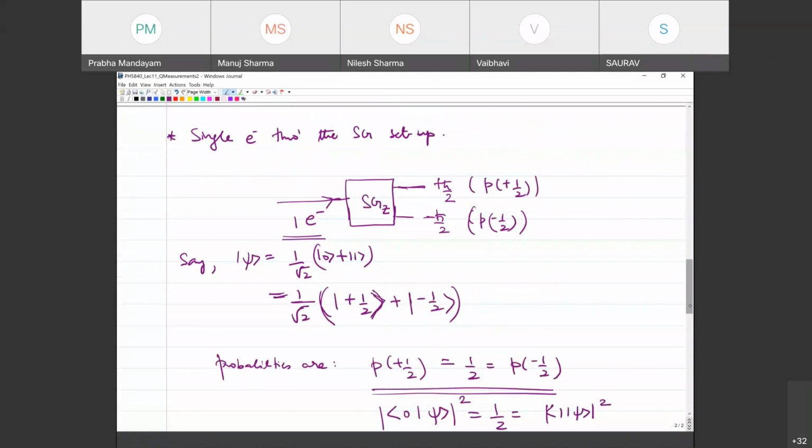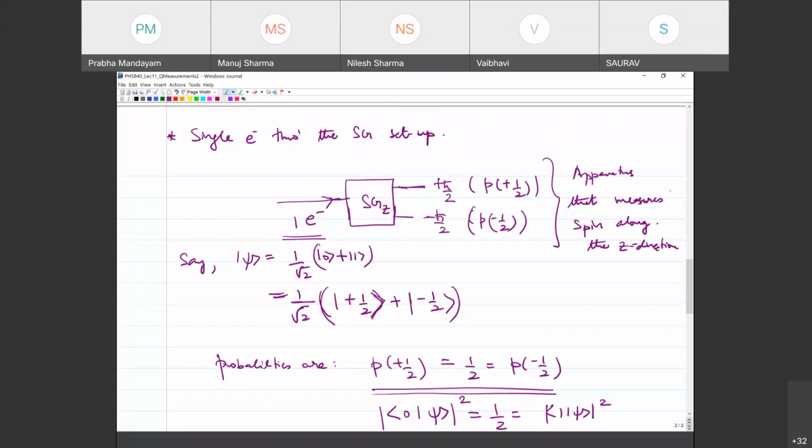So this essentially works like an apparatus that measures the spin along the z direction. It collapses you to one of these two possibilities of plus half or minus half, with probabilities, if this is alpha and beta, then mod alpha squared, mod beta squared. So with those probabilities, it is collapsing you down to one of the two possible values of spin.